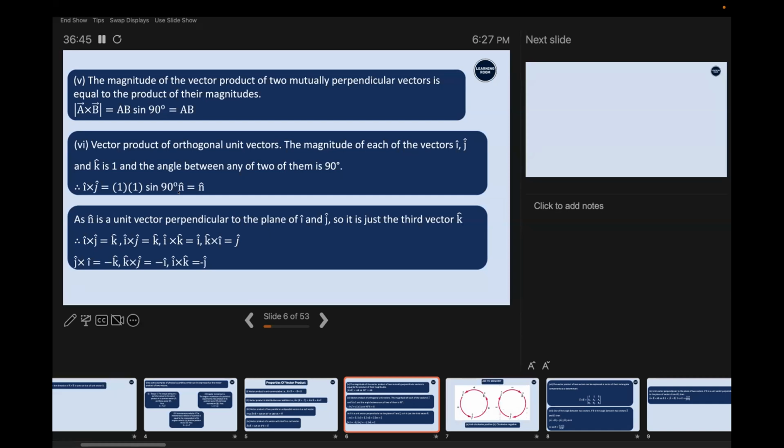The thumb gives you the direction of n cap. So when you do i cross j, what is the direction of n cap? I told you at the beginning, anything towards you is positive. So which z-axis does this represent? Positive z-axis. Positive z-axis is represented as k. So that is why i cross j is k cap.